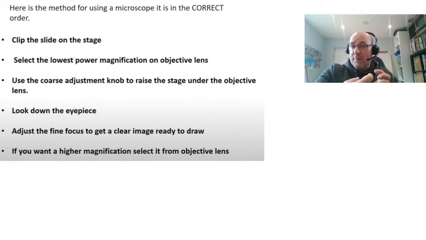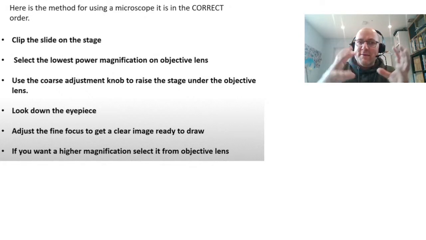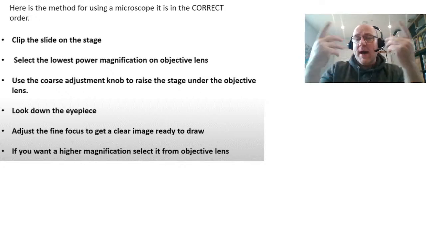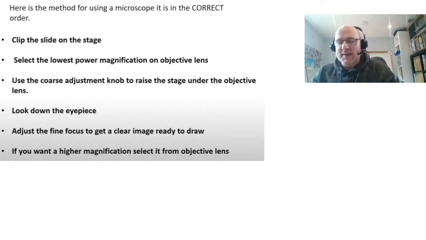So you could say clip it on the stage, 1 mark, select the lowest power, use the coarse adjustment knob to raise the stage, look down the eyepiece, adjust the fine focus to make the image clear, and then select the magnification you want, because once you've got it in focus, you can change the magnification and pick a more powerful one to make the cells bigger.